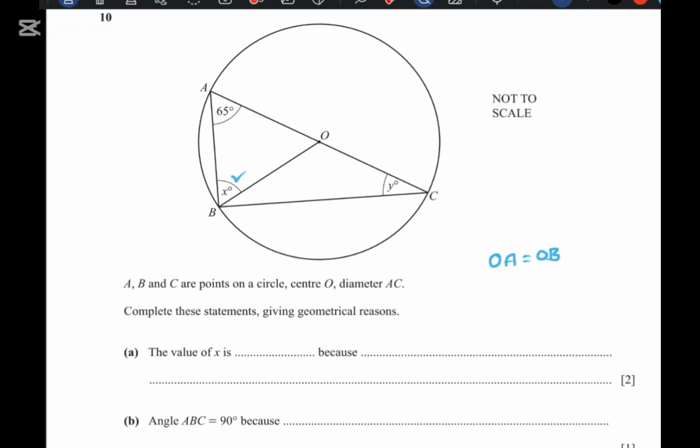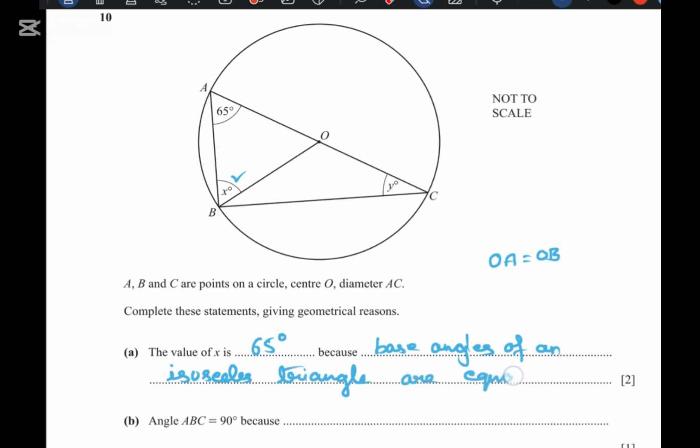So you have to write that reason along with the answer for x. So x is 65 degrees, because base angles of an isosceles triangle are equal.